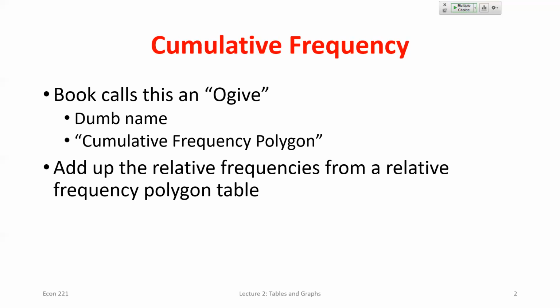So we'll go up here, right? One's pretty easy. Then we go to the next possible response, or the next highest response. 1 kid in the household. The cumulative frequency is the frequency of that response plus everything below it. So the frequency of 1 is 40, plus everything below it.